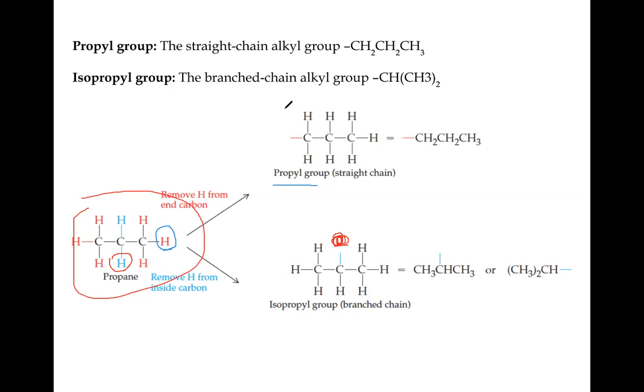For instance, if this was attached to a hydroxyl group, now that would be isopropanol or isopropyl alcohol, because the hydroxyl group or the alcohol group is attached to the center carbon in the middle.